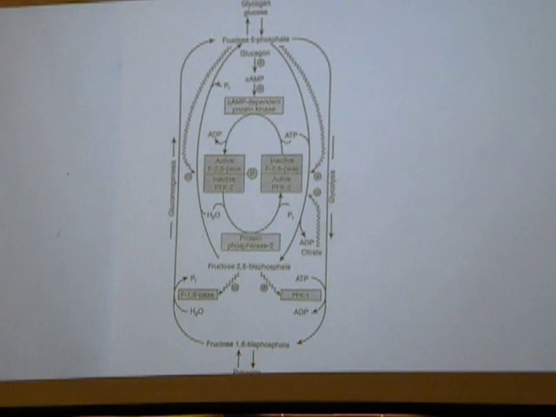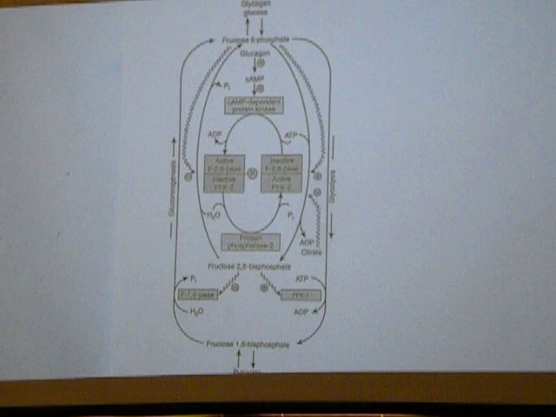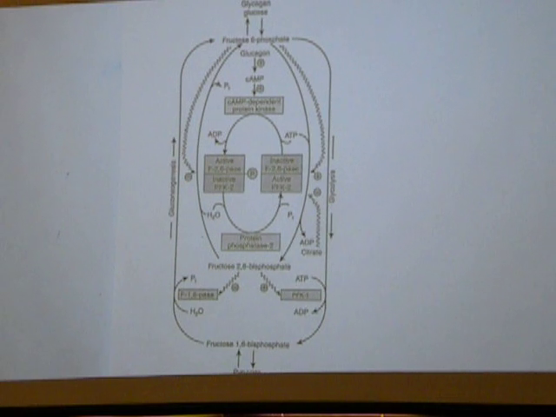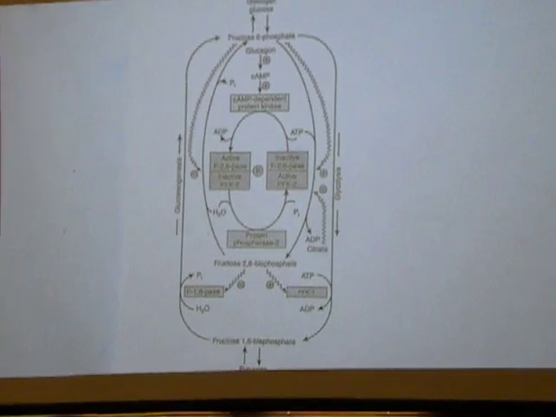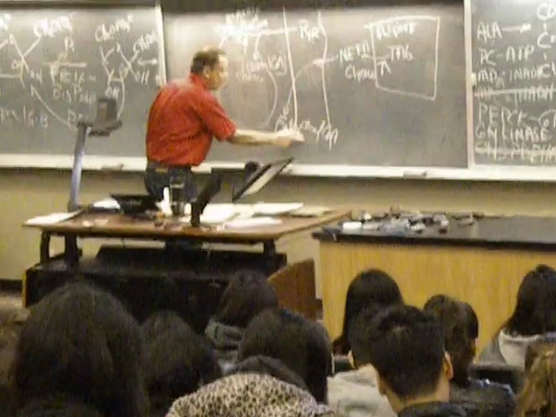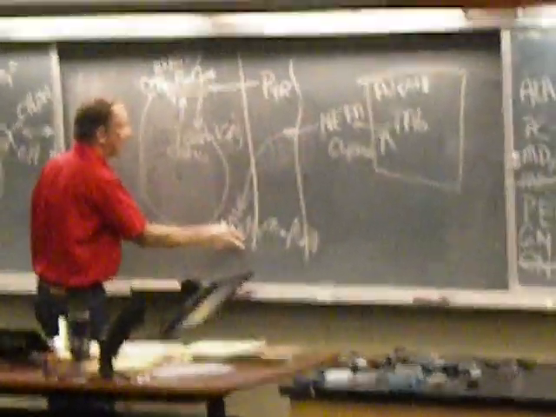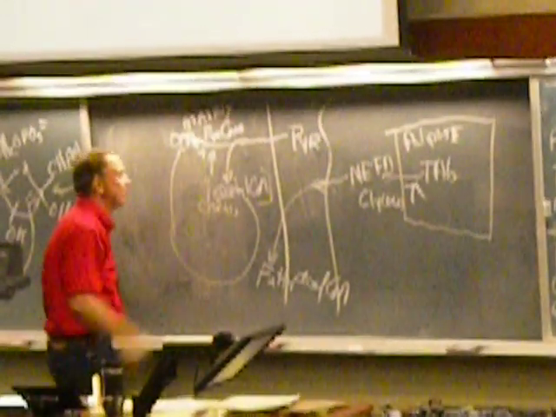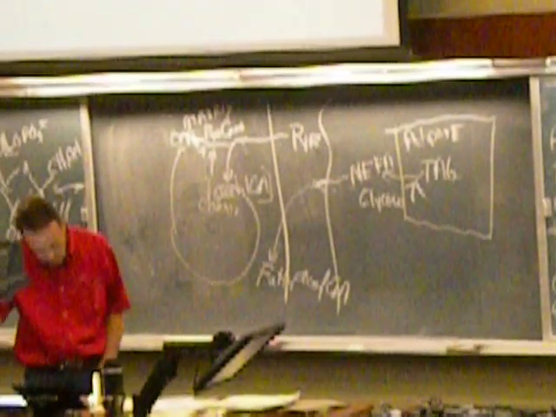So guess what? Low on blood glucose, cyclic AMP goes up. Because of glucagon, cyclic AMP is going to activate degradation of triacylglycerols. We're going to end up with fatty acyl-CoAs over here. They're going to make a lot of acetyl-CoA. That's going to slow down pyruvate dehydrogenase, activate pyruvate carboxylase.